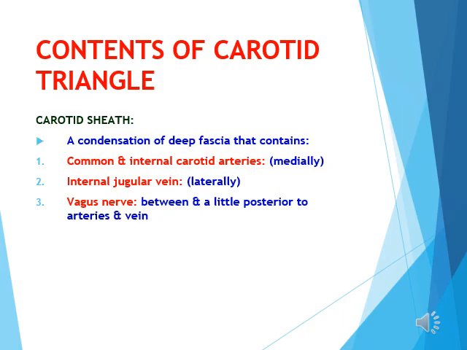So the common and internal carotid arteries are located medially, closest to the midline. The internal jugular vein is positioned laterally, draining blood from the brain and face. The vagus nerve is nestled between and slightly posterior to the artery and vein. So what is the clinical relevance of this carotid sheath?